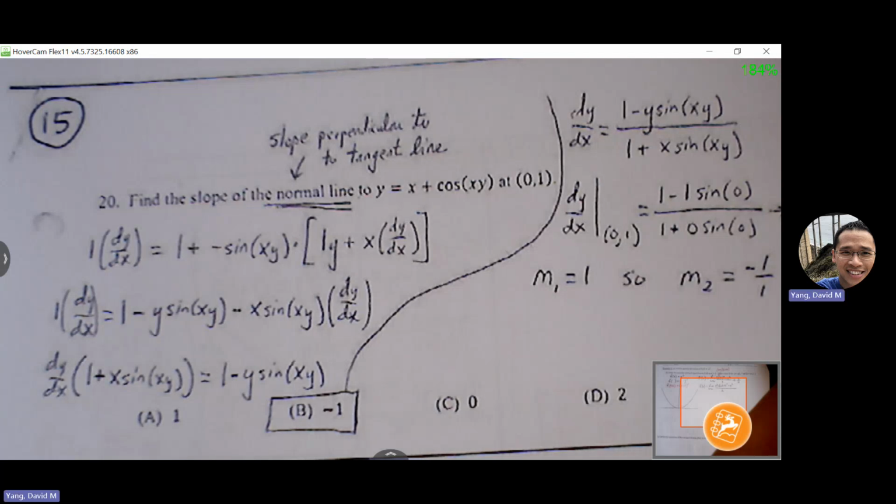It says slope of the normal line, but go ahead and find your derivative. Find your slope. Once you get to your slope, then you can get the perpendicular slope, which is the opposite reciprocal. So do the tangent line slope first, and then flip it to get the reciprocal. Yeah, number 20, page 15.